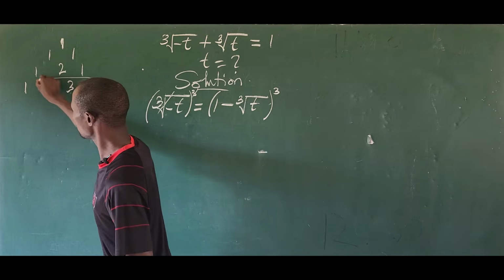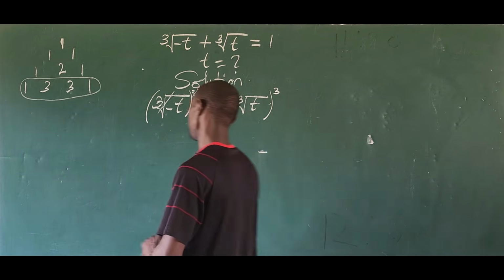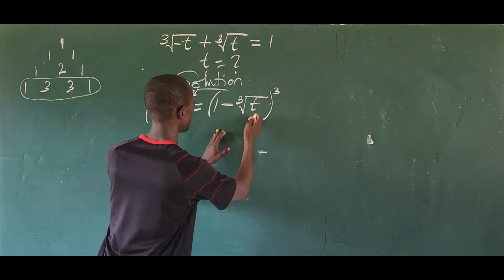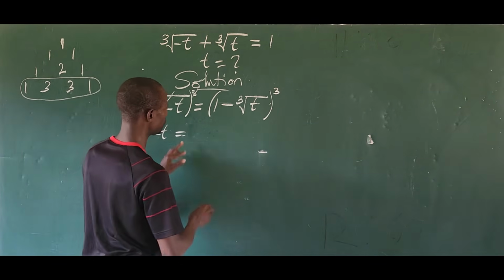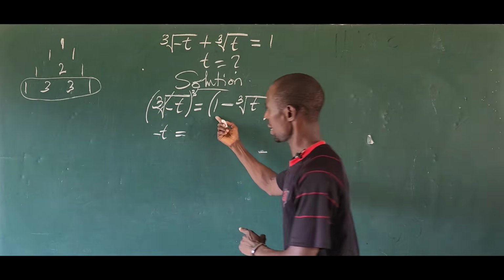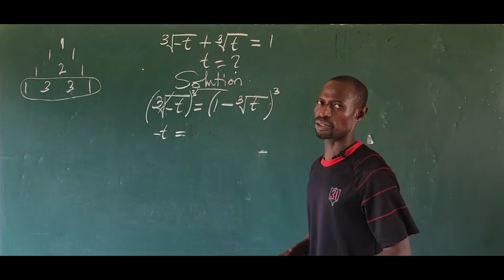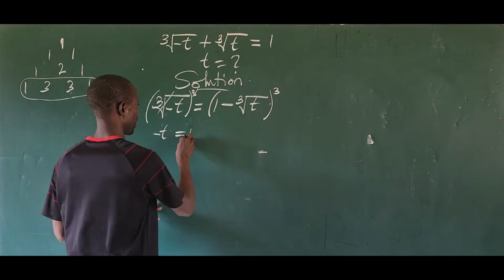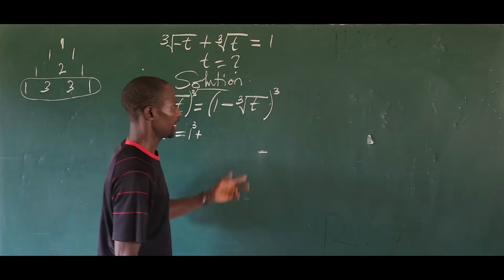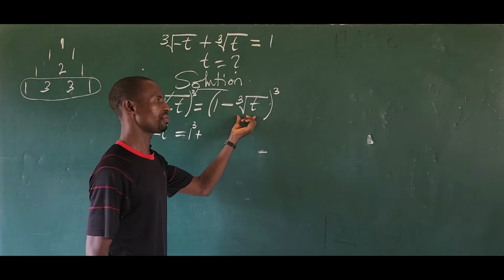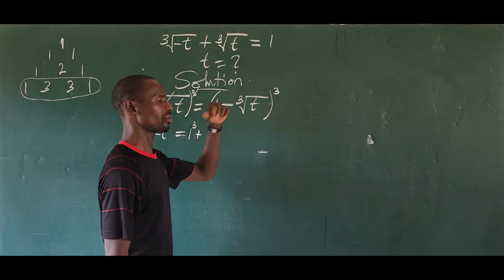So we are dealing with these coefficients now. All right, so expanding this side of this expression, we're going to have our minus t will now be equal to: the first quantity here is 1, so this is going to be raised to power 3. So we have 1 to the power of 3, then plus this second quantity, it will be raised to power 0, and so that will give us 1.